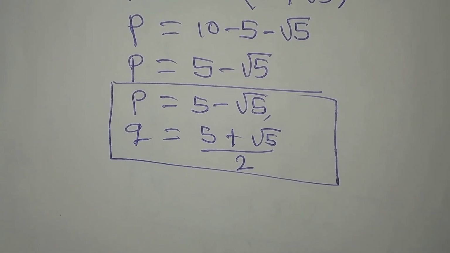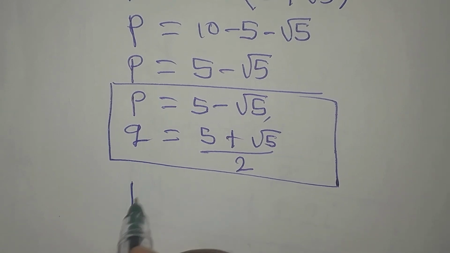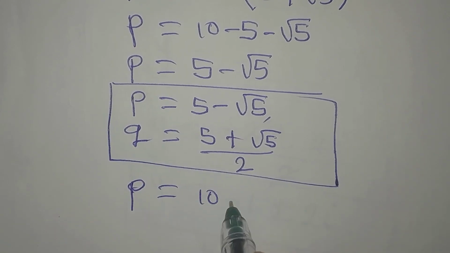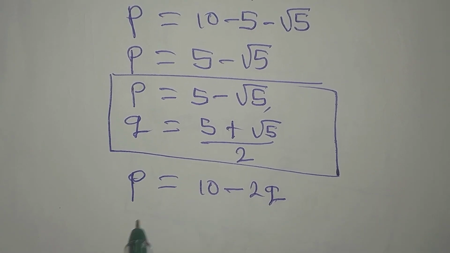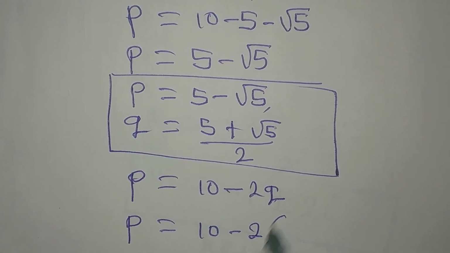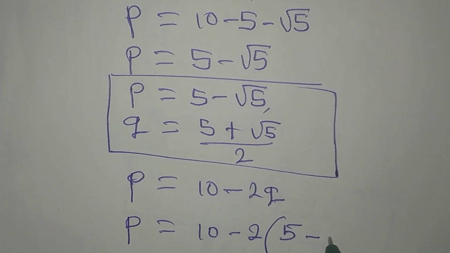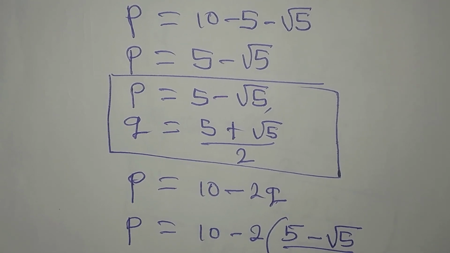We need another value of P and Q, but remember that we have P equal to 10 - 2Q. Now let's use the second value of Q. P will now be 10 - 2, open bracket, Q now is (5 - √5)/2.